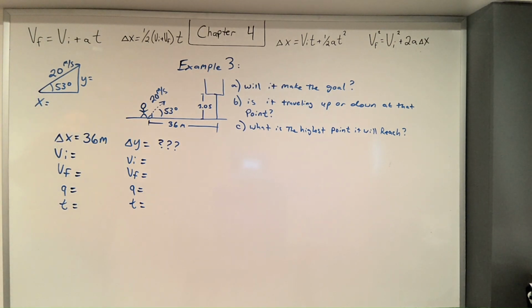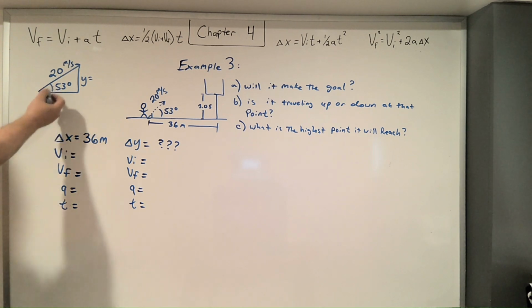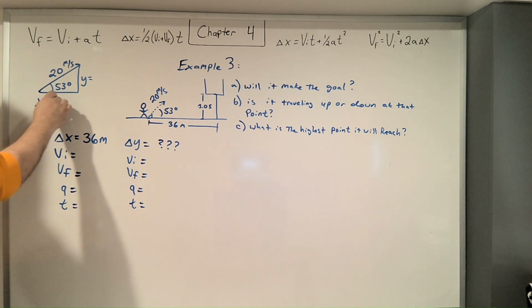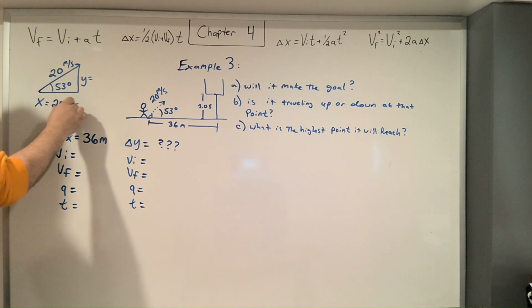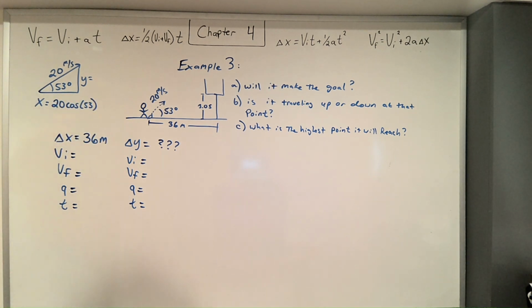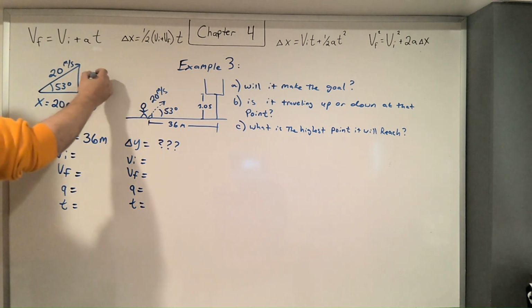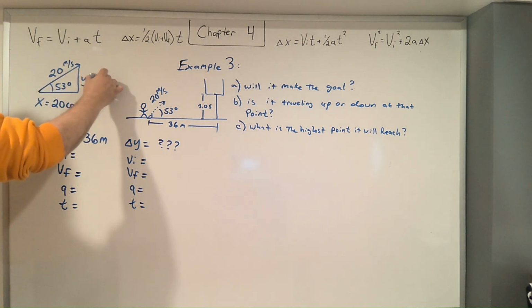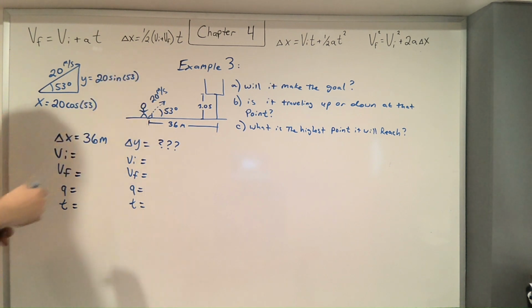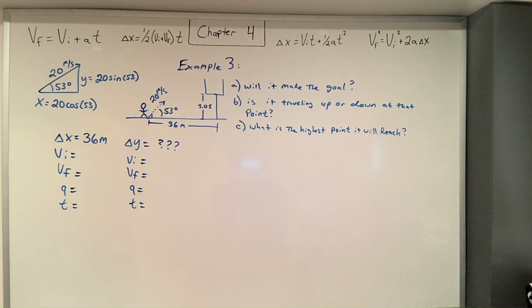We've done enough of these now that we start to figure this out with our trig: the x is adjacent to the 53, which means we're going to be using cosine. So I need the hypotenuse times the cosine of 53, just like our previous examples. For the y, that is opposite, so I will need the sine of 53 for those values.